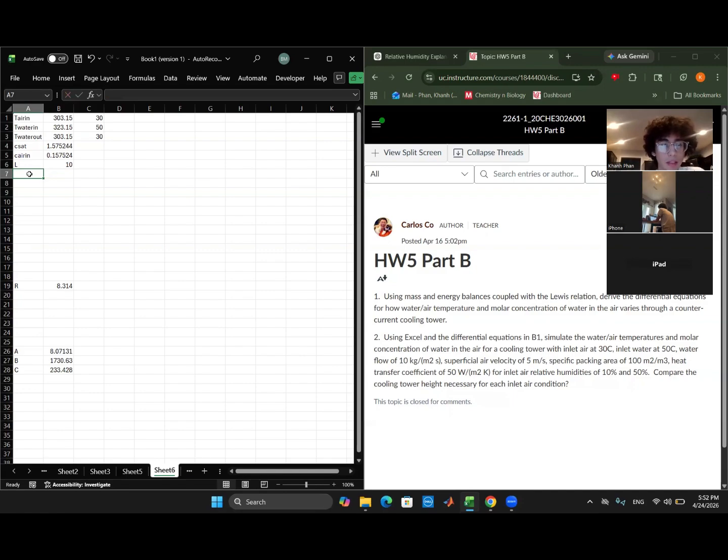And then we're gonna define G is equal to 5. And then we need the relative humidity, which is 0.1. And then we need density of air.